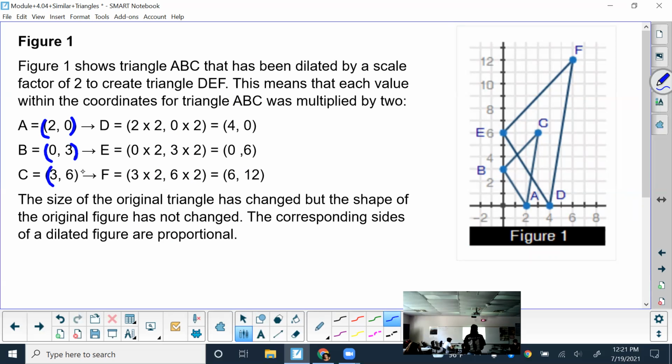And just like we did with dilations, we multiplied each number by 2 in order to get our dilated triangle. And what we learned during the dilations lesson is that dilated shapes are always similar because they will always have the same angle measures and side lengths that are proportional to the original.